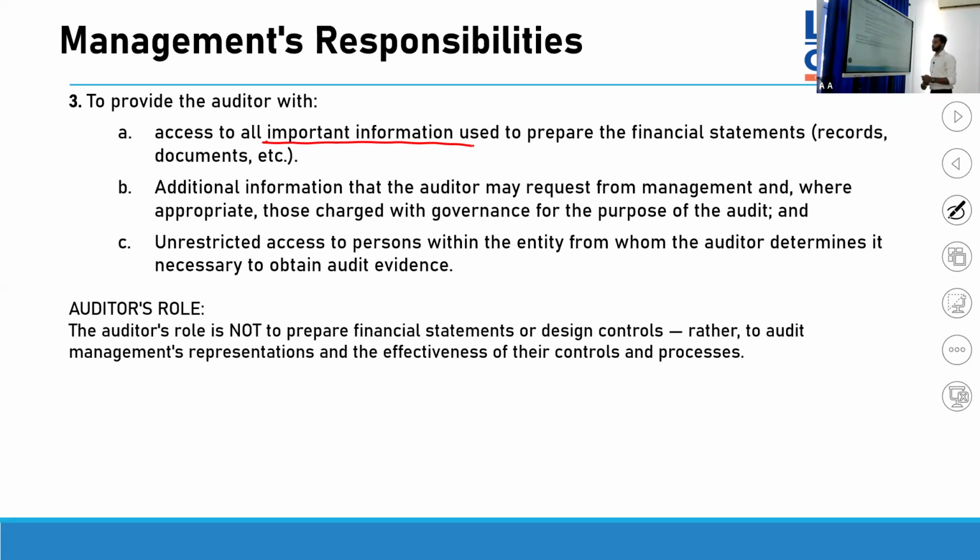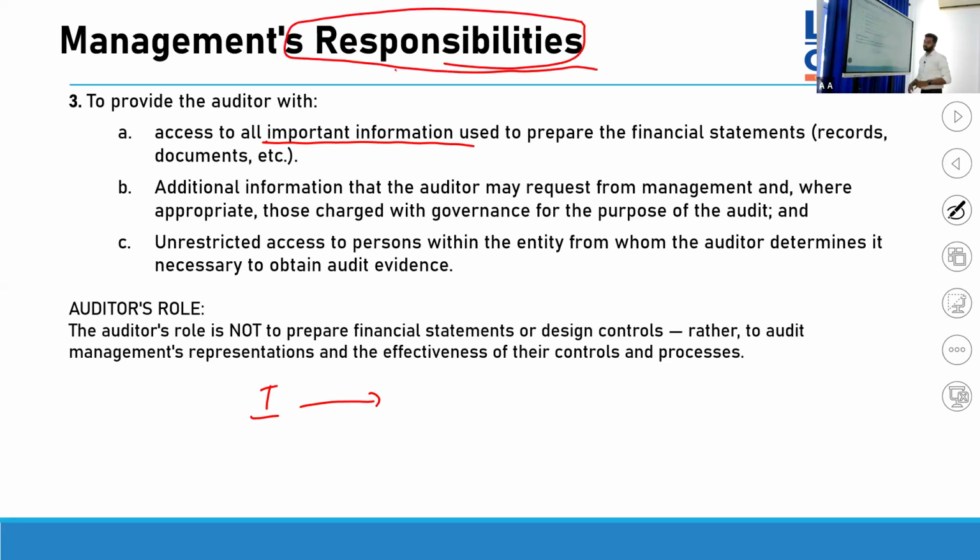So to provide the auditor with access to all important information used to prepare the financial statement, right? Let's say your auditor is asking for the document that you used to prepare the financial statement. If you say no, I can't provide that document, those documents are very confidential, so I can't give it to you, then you are not fulfilling your responsibility, right?